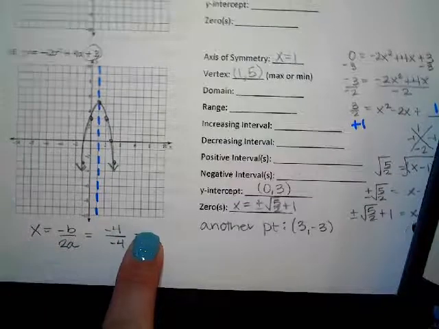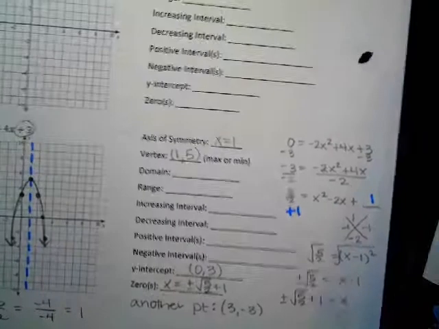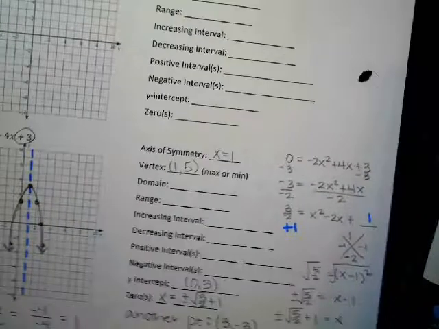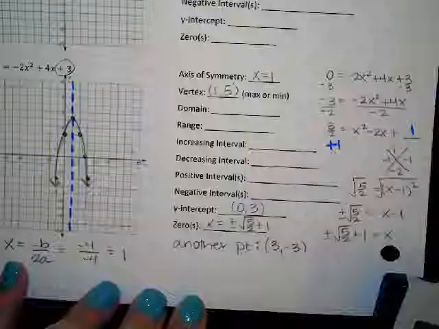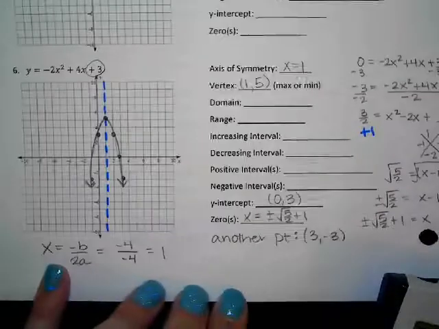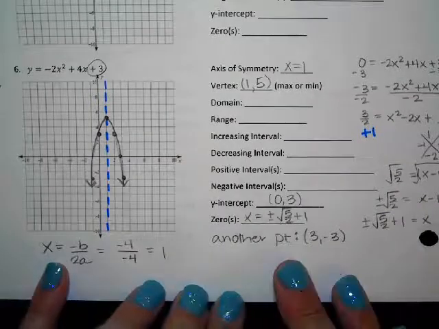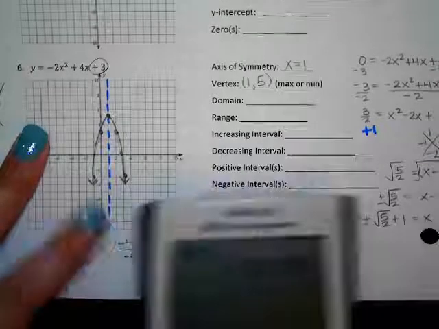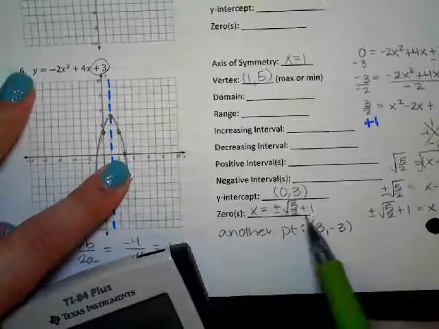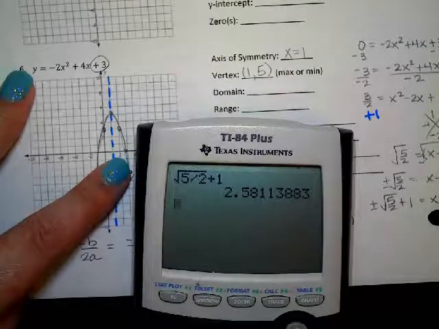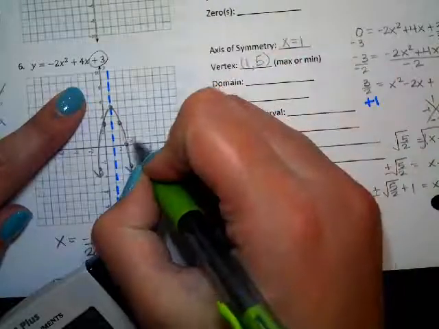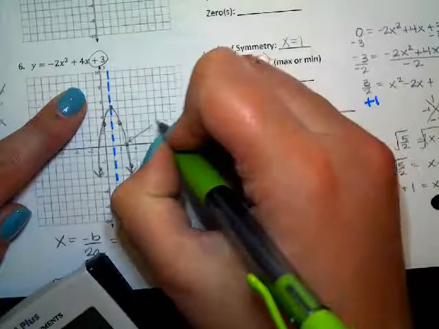All right, so let's go ahead and get this one finished up. The first x-intercept that we have is the square root of 5 halves plus 1, which is 2.581. I'm going to go ahead and label that. And then we have the negative version, negative square root 5 halves plus 1.